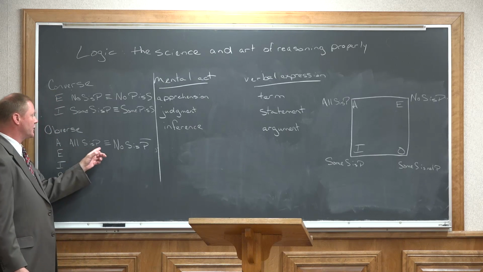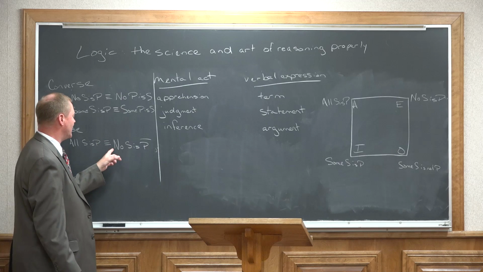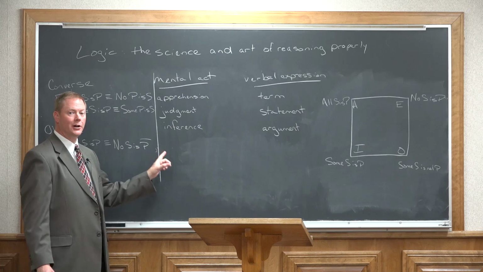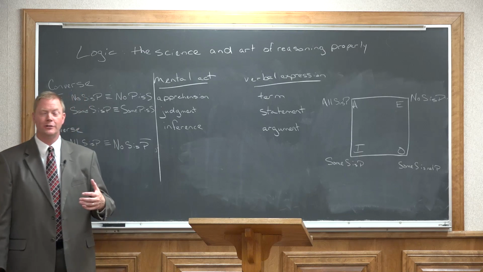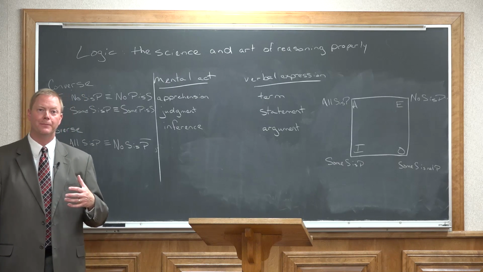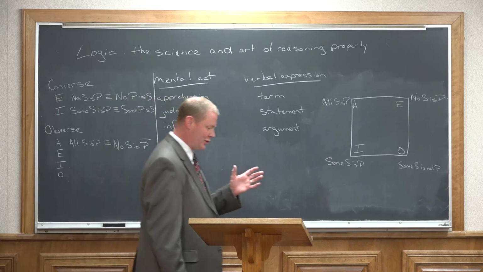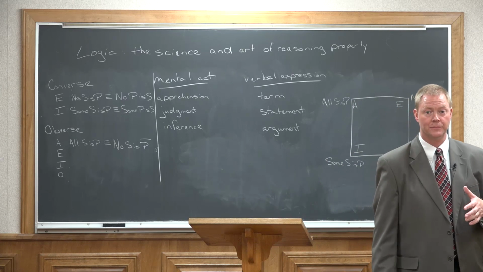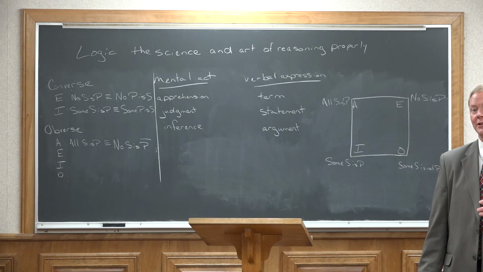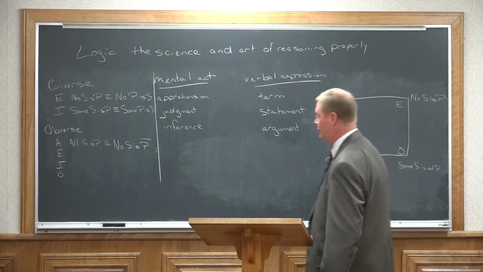So, all people are human is logically equivalent to saying no people are non-human. Let's see. All squares are rectangles is logically equivalent to saying no squares are non-rectangles.